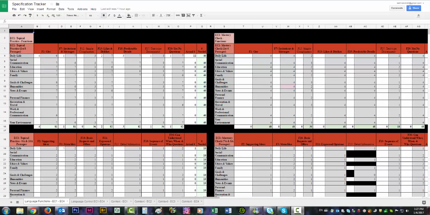So the functions are the most important things that we want our students to be able to accomplish. In other words, they're the objectives that we want them to accomplish.